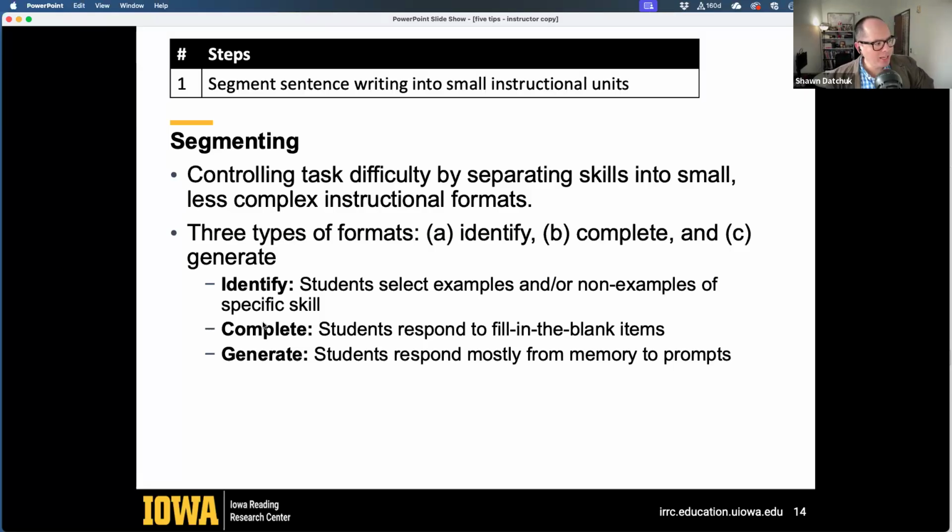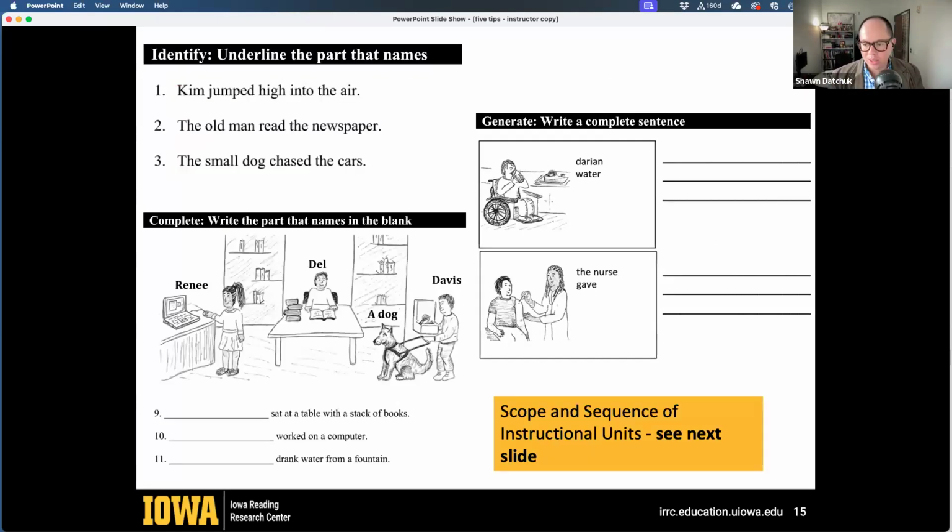So there's an identify, complete, and generate format. Identify is where students select examples or non-examples of a skill. Complete is where they fill in the blank, and then generate is where they take more ownership of what the desired behavior is. So here would be an example of identify, where we just present different sentences for students, and they identify different parts.